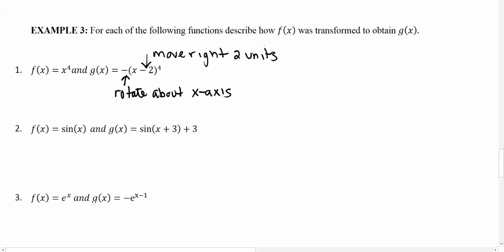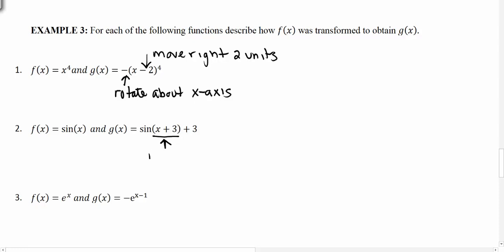Number 2, f of x equals sine x and g of x equals sine of (x plus 3) plus 3. So inside the function, we have an x plus 3. If you add inside the function, that's going to move it left.